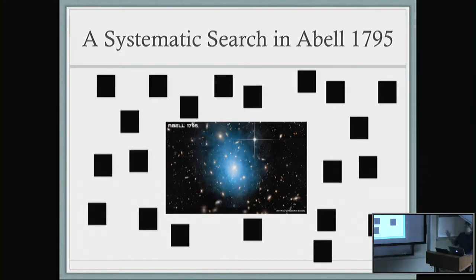And so there's a tremendous amount of data both in the center of the cluster, because Abell 1795 is also a calibration source for Chandra. So there's very good data in the inner part, and there's very good data in the outer part. And so we can actually look at galaxies outside the virial radius and inside the virial radius and sort of everywhere in between. And so that's what we did. We set out to look for evidence of stripping as galaxies cross the virial radius of Abell 1795.